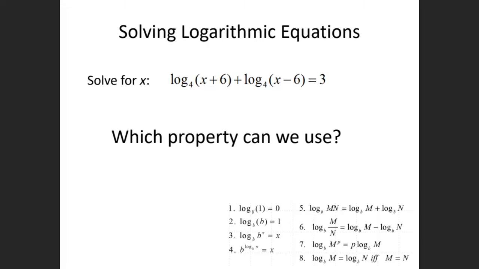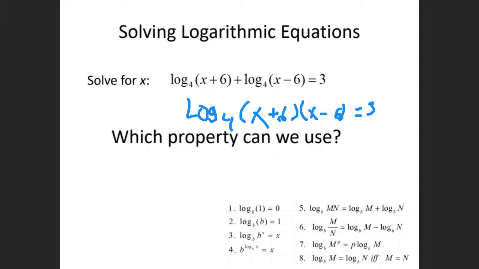So this is the same thing as the log base 4 of x plus 6 times x minus 6 is equal to 3.